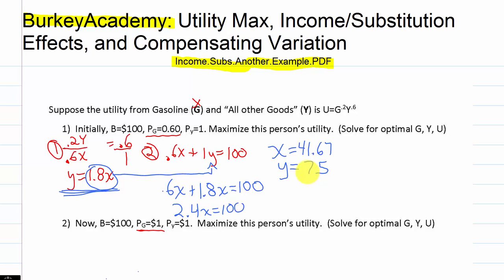Then we want to know how much utility this person gets in this situation. So we plug this x and this y back into our utility function up here and see how much utility that gives this person. And when you plug that in, the utility level will be 28.12.